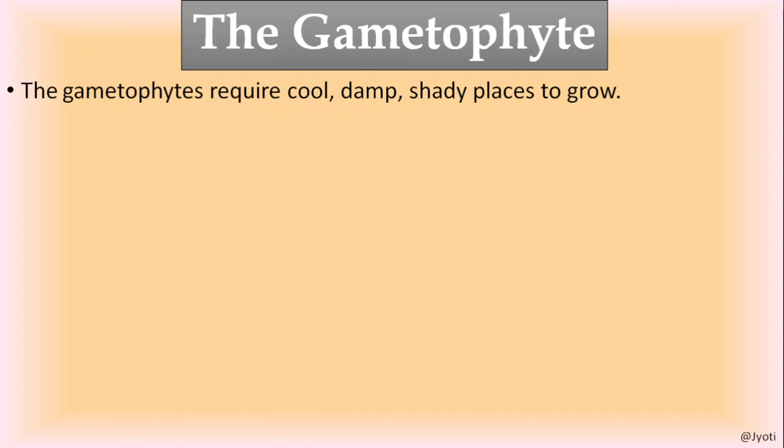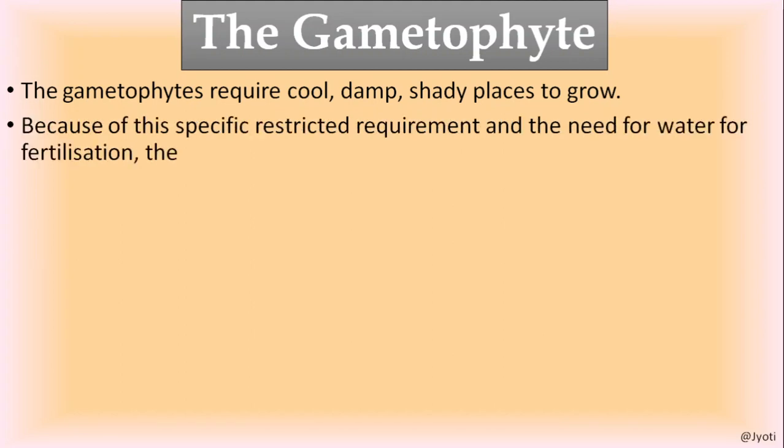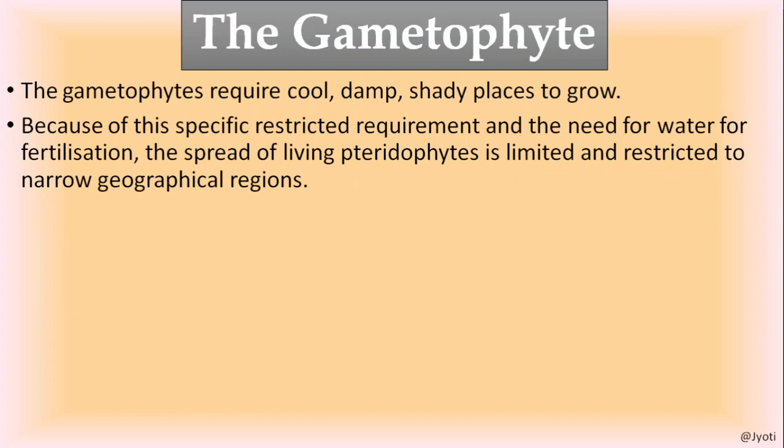Now what is the gametophyte? As I told you, the sporophyte contains the sporangium and produces the haploid spores. Now the spores are dispersed, and when they get favorable conditions, they develop into a leaf-like flattened structure called prothallus. Prothallus is the first stage of gametophyte. For growth, the gametophyte always requires a cool, damp, shady place.